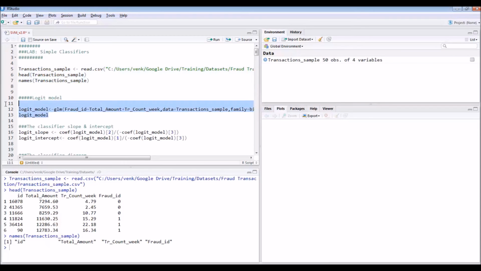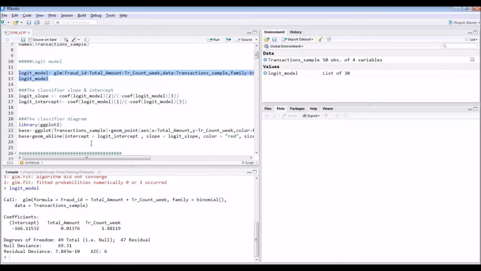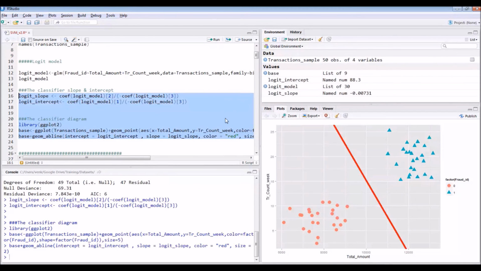So we will just fit a logistic regression model that will identify fraudulent transactions depending on transaction amount and transaction count, and then we'll try to draw a decision boundary on the space of the data, or objective space. So these are fraud transactions, these are non-fraud, whatever is the definition, and these two classes have been divided by logistic regression using this line.